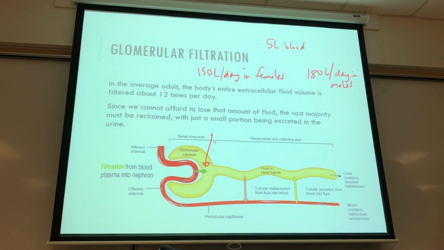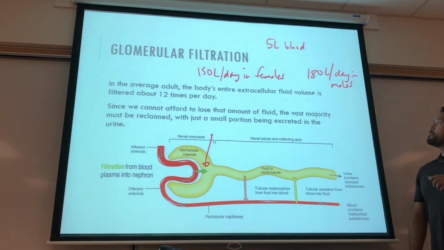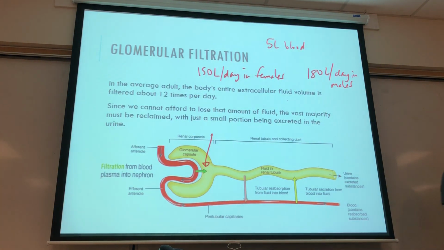So with that, when we think about how much fluid flows out in filtrate, again, about 180 liters flows out per day. As that fluid makes its way through, we're going to be able to reabsorb that fluid. Imagine peeing out 180 liters per day. That's a lot of fluid. We want to be able to reabsorb about 99% of that.